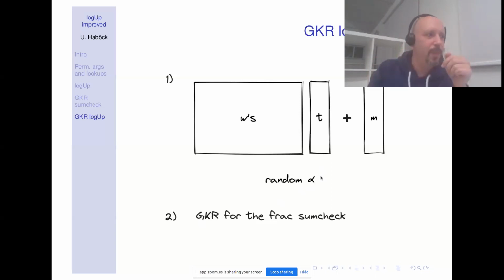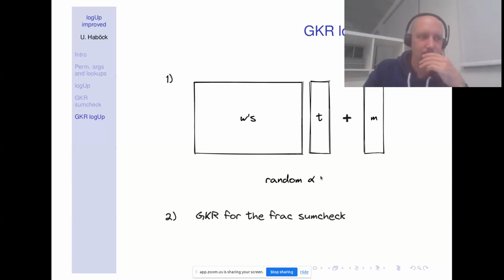It's the sum over 1 over w_i minus alpha, where w_i are the witnesses, evaluated at alpha, and that sum must be equal to the sum of m over t minus alpha. Okay, I see.